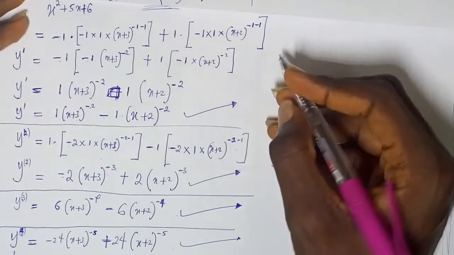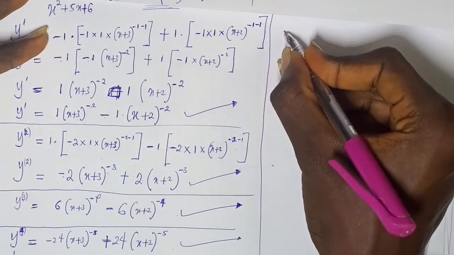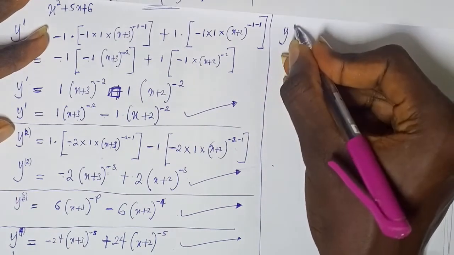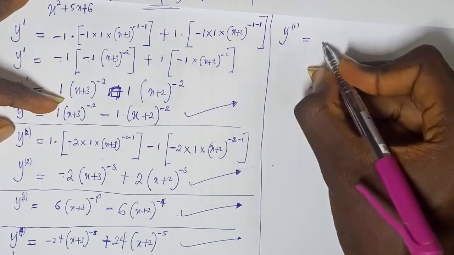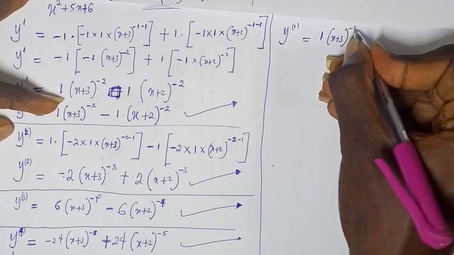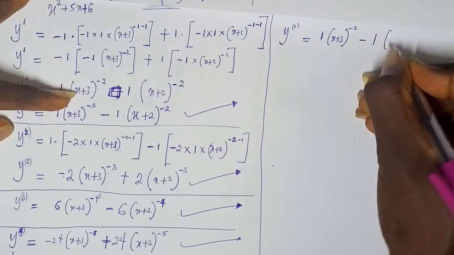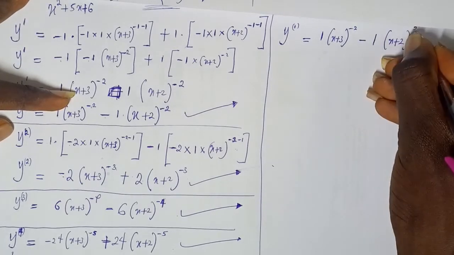So for the first derivative, the result is 1 of x plus 3 raised to the power of minus 2, then with a negative 1 of x plus 2 raised to the power of 2.